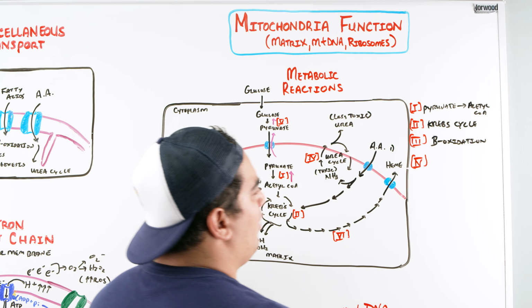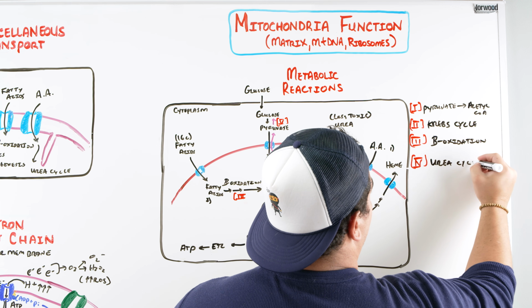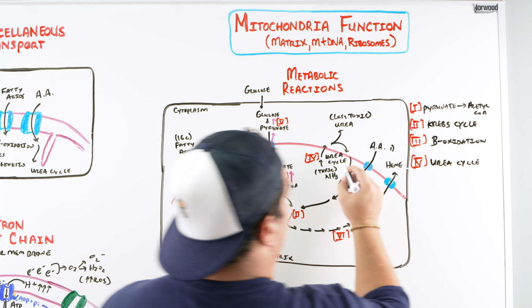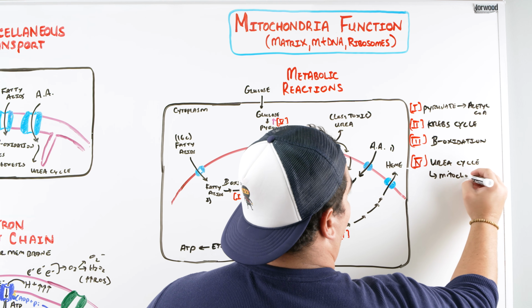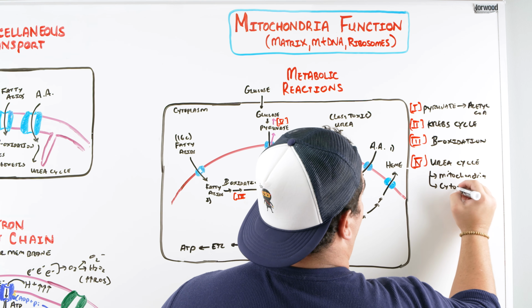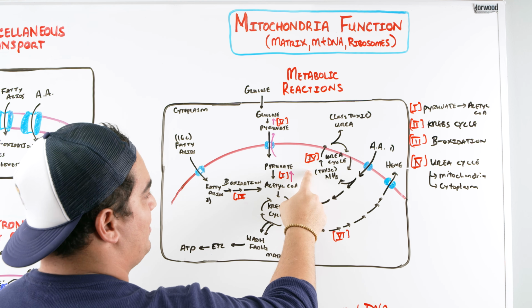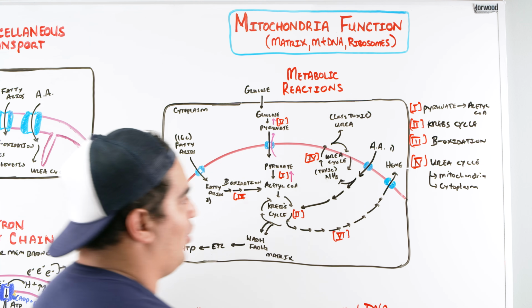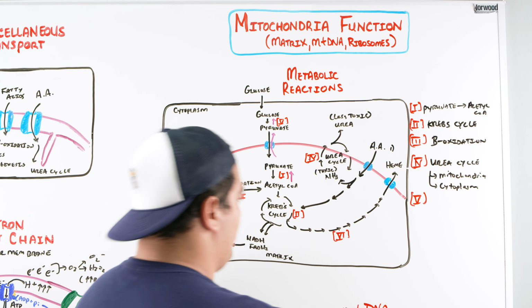But another big thing that I want to add on here is that the urea cycle can occur in two places, as you're noticing by this reaction. It can occur in the mitochondria, but it can also occur where? In the cytoplasm. Another reaction, as we go to 5, is what's called gluconeogenesis.